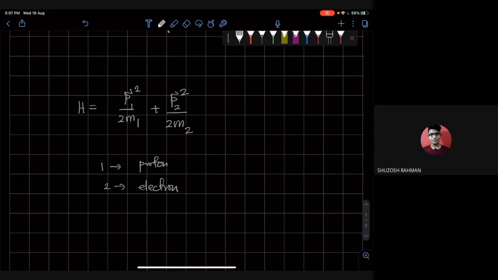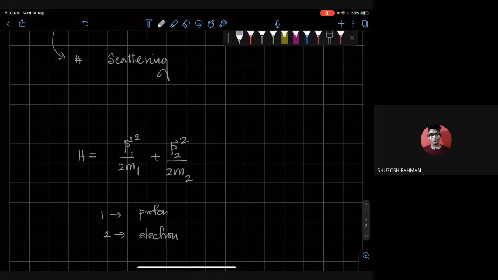So this is the free part, but of course there is some interaction between them, which makes it interesting. And the interaction we wrote down in the CGS unit to be the distance, the relative position vector.